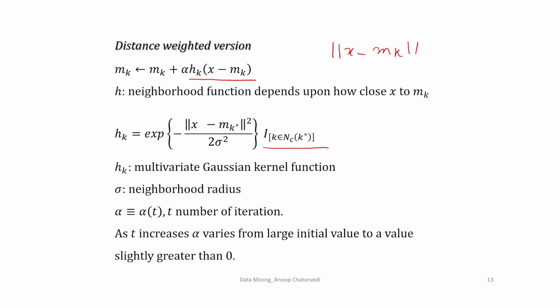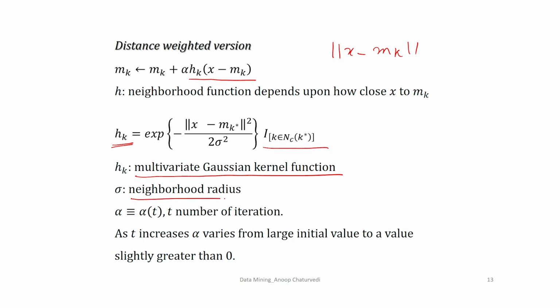So obviously, if k does not belong to the neighborhood of k star, then hk is equal to 0 and mk remains unchanged. We modify mk only in the neighborhood of k star. Then hk defined here is the multivariate Gaussian kernel function.